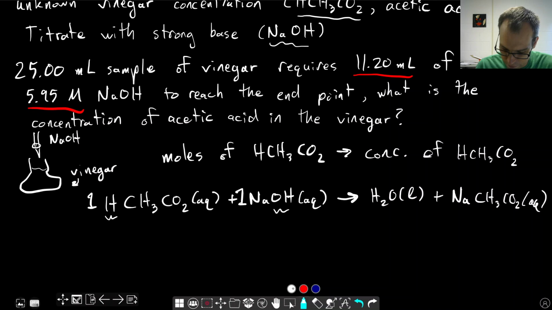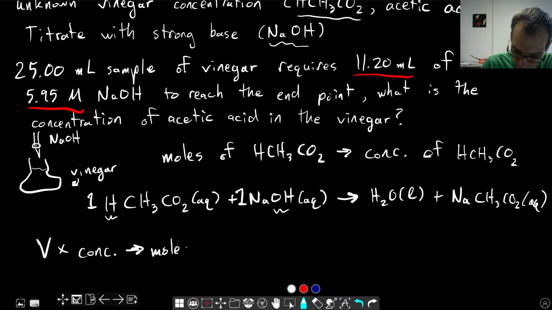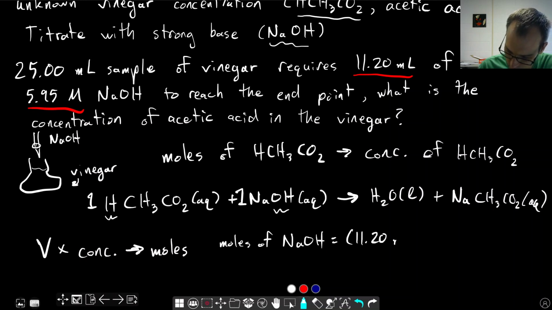And if we remember, if we multiply volume times concentration, that'll give us moles. So our moles of NaOH will be equal to the volume of NaOH, so 11.20 milliliters. Now we're going to need to convert that to liters, so we'll go ahead and do that conversion.